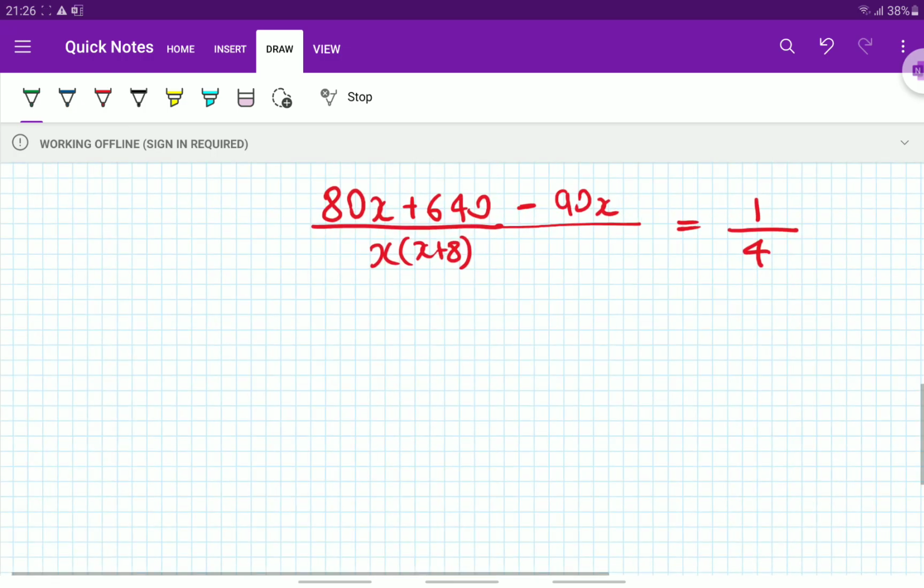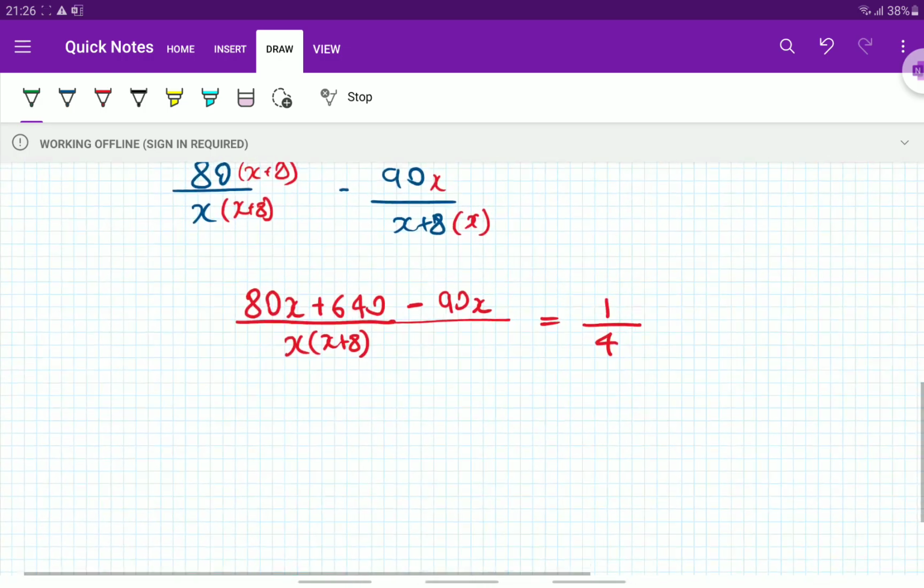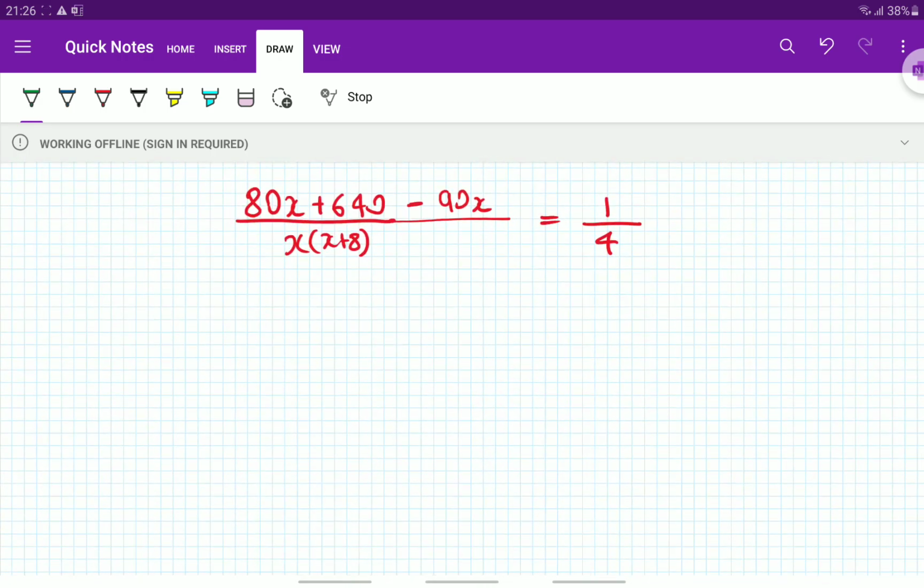From this stage we can simplify further. 80x minus 90x is minus 10x, plus 640, over x plus 8, is equal to 1 over 4. I don't think we can simplify any further, so it's a matter of cross multiplying.